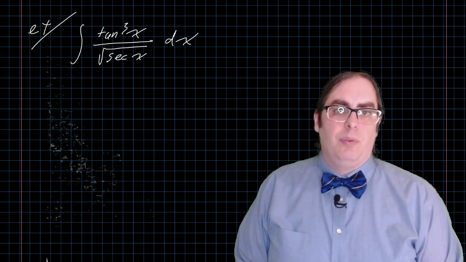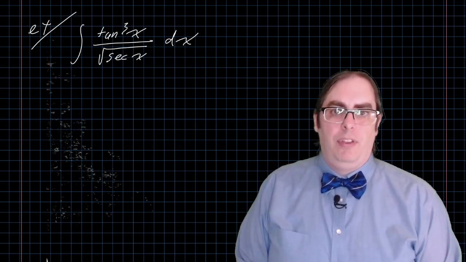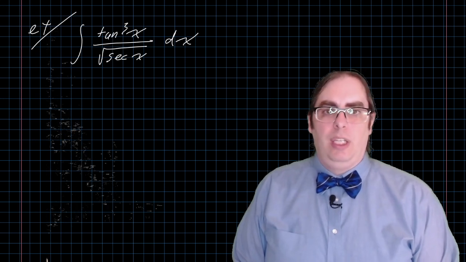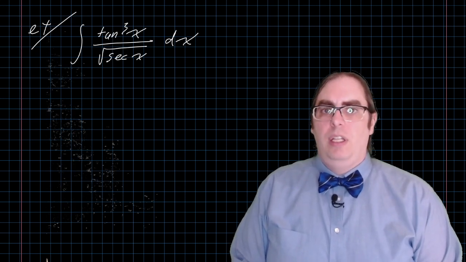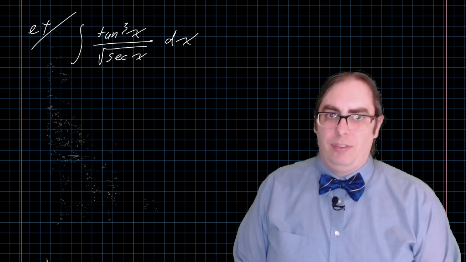You've got tangent raised to an odd power, and you would really like to get rid of the secant. It would be really great if you could let u equal secant x in this case. With that hint, take a couple of minutes to play around with that, see what you can do with it, and I'll see you in the next video.